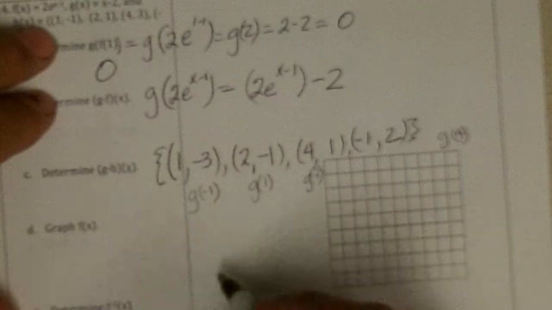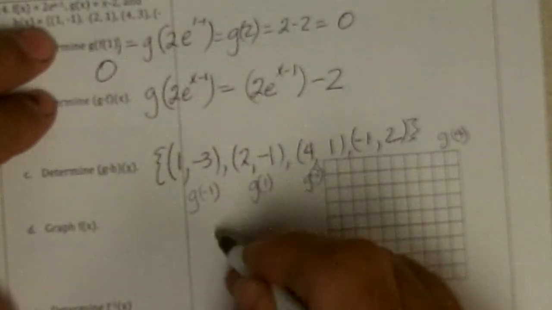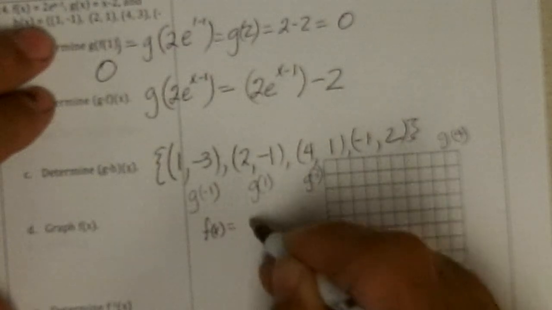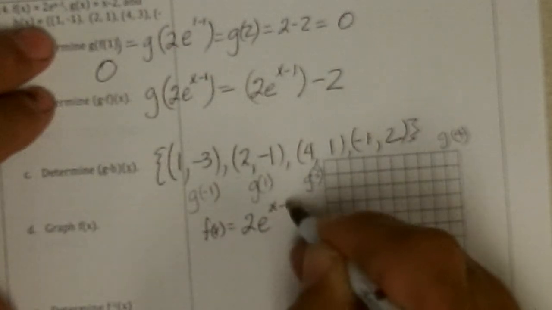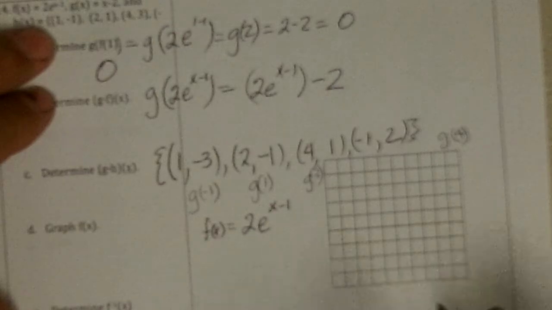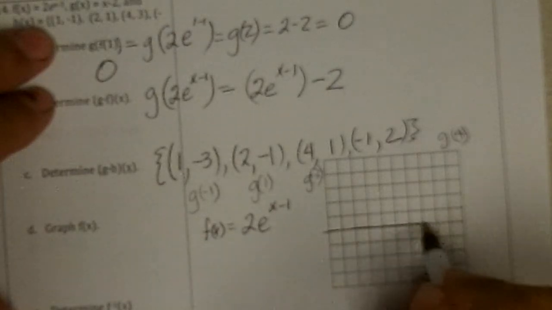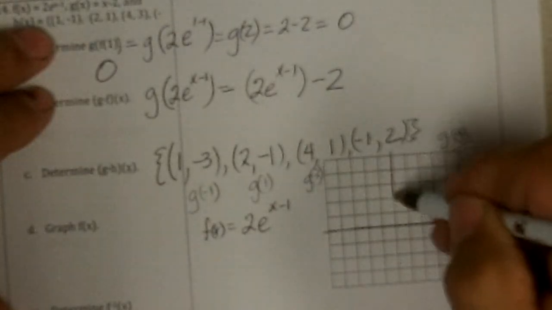Graph f of x. So I'm supposed to graph 2e to the x minus 1. Now I could do this by translations.